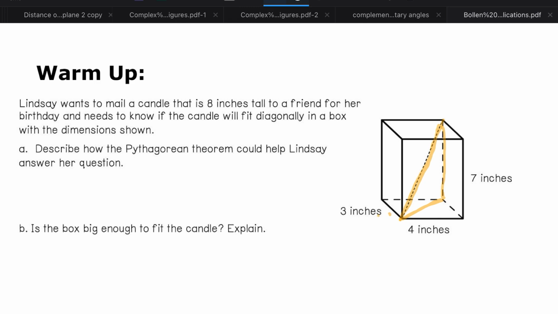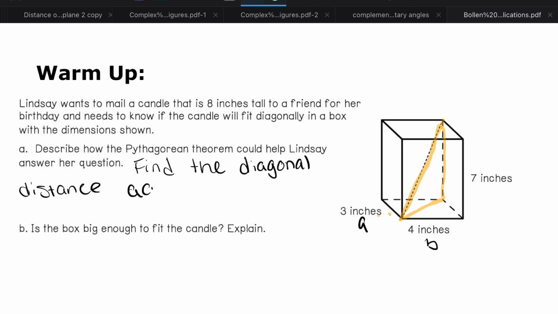To find this one, we have 3 and 4 as our A and our B. So the first step is to find the diagonal distance across the base.